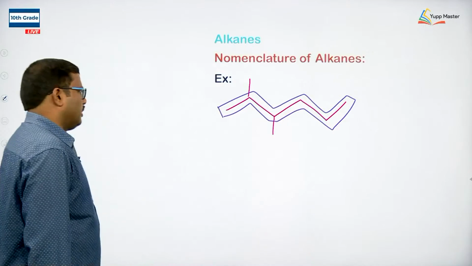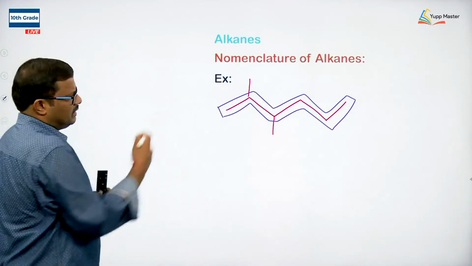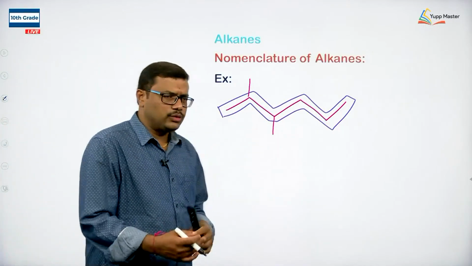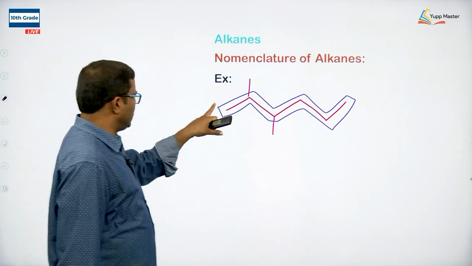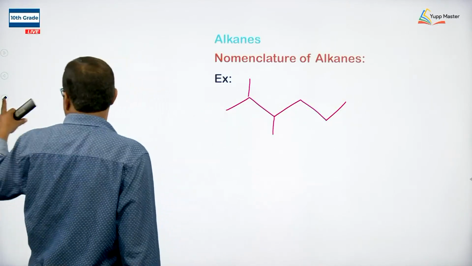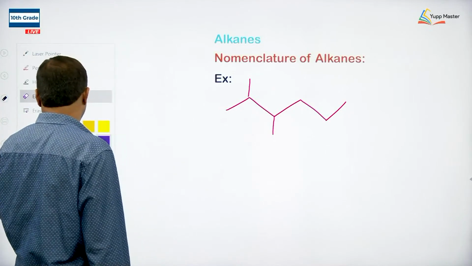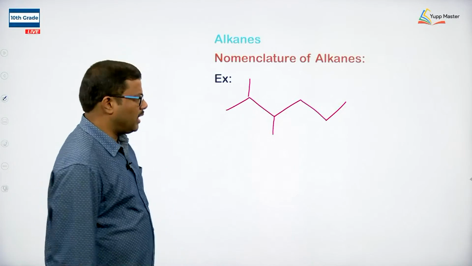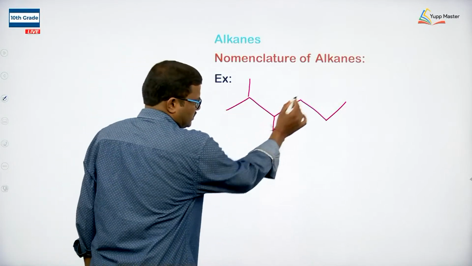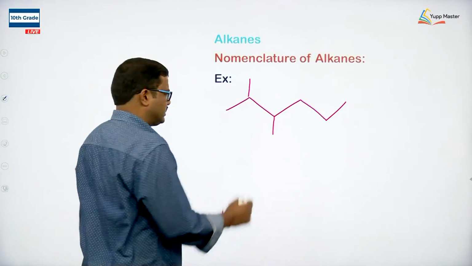Okay. So of course it leads to a little confusion. So in order to select the continuous carbon chain, let me number the carbon chain in such a way that the substituents get the lowest possible number. So the continuous straight chain in this fashion is the longest carbon chain.